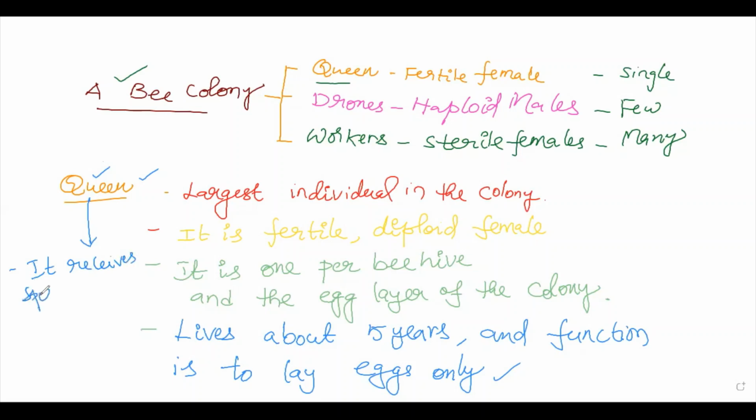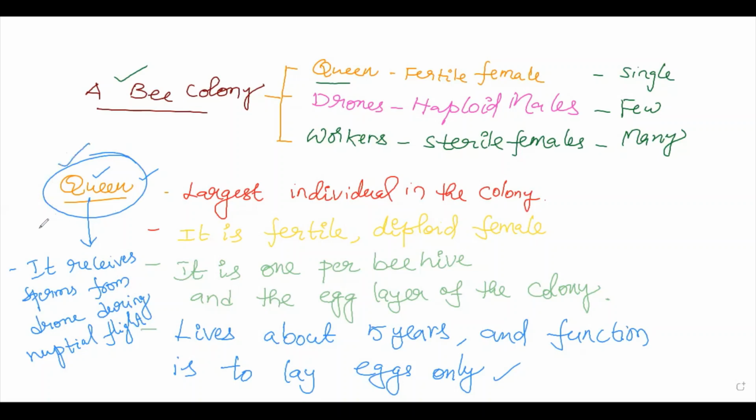In the entire life of the queen, it is copulated by the drone only once and receives the maximum number of sperms at one time.